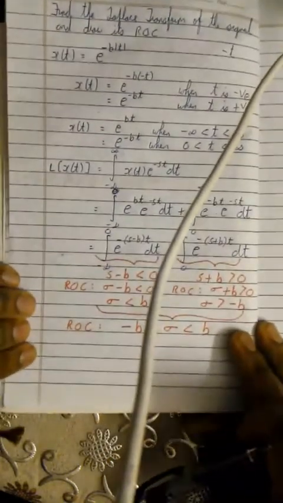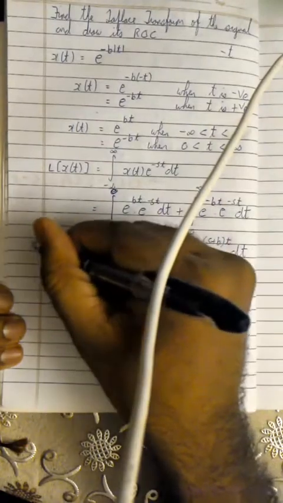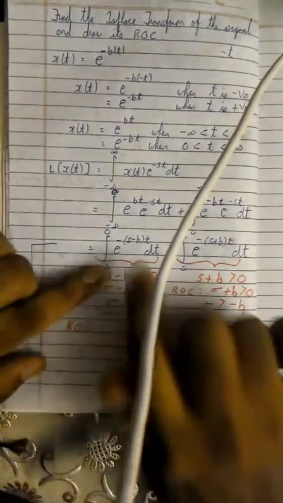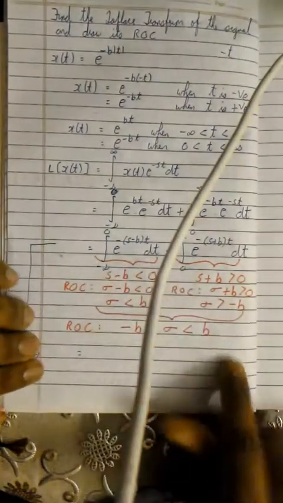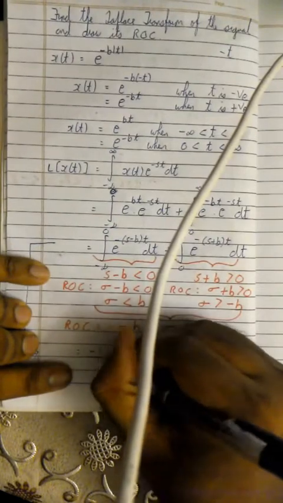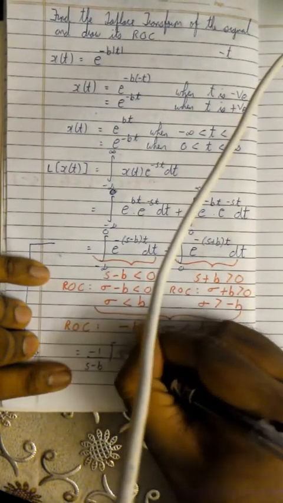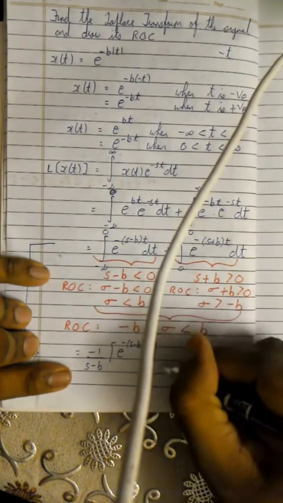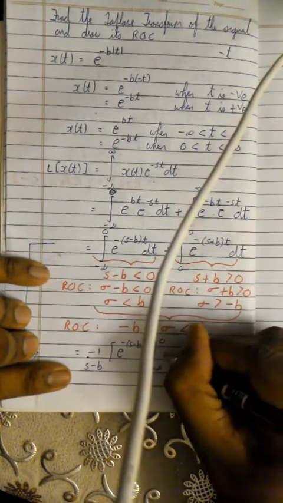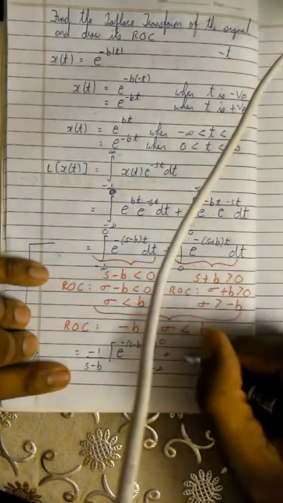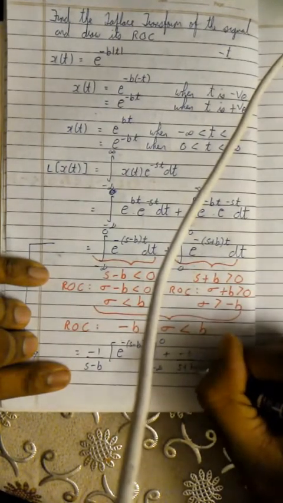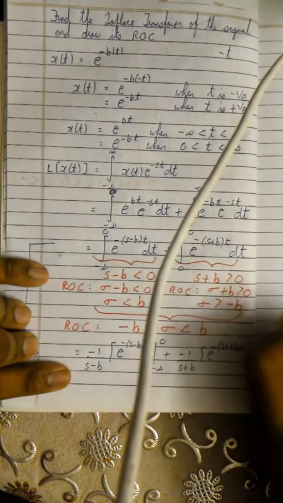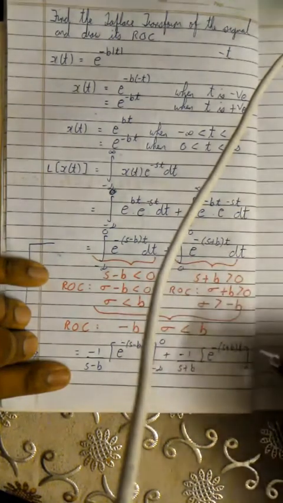So here I'm going to apply integration to these two terms. So this will become minus 1 by s minus b into e raised to minus s minus b t from minus infinity to 0, plus, applying integration over here, I get minus 1 by s plus b into e raised to minus of s plus b into t from 0 to infinity.